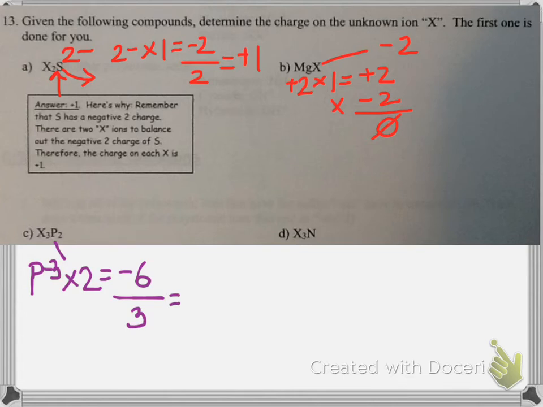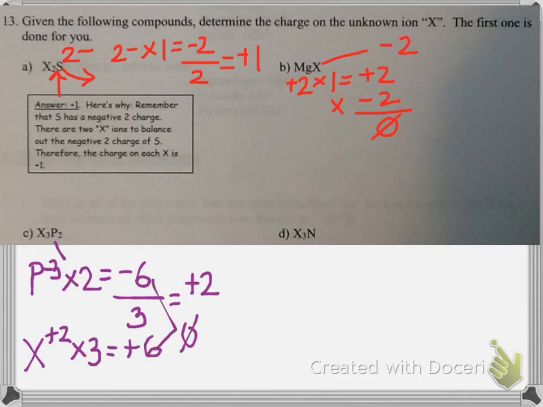So each X is going to have a positive charge of 2 because it has to cancel that out. So if X has a charge of +2 and there are 3 of them, that gives me a +6 charge to give me a 0 charge overall. So X has a charge of +2.